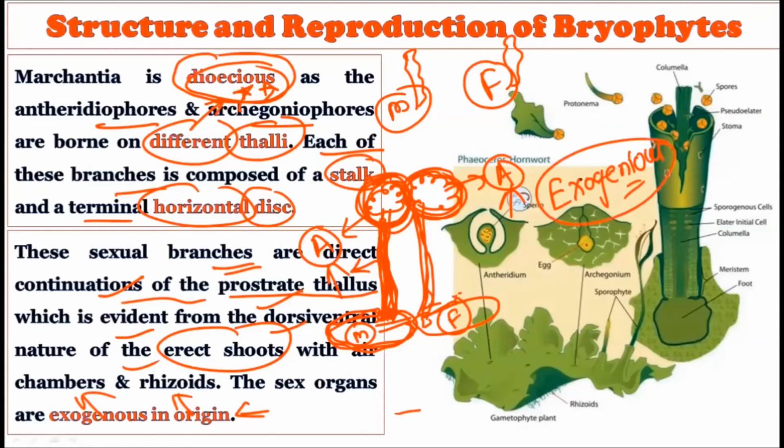So the exogenous origin of the sex organs, that is the antheridiophore and the archegoniophore, is responsible for the production of the male sex organ and the female sex organ, that is the antheridia and the archegonia. Both are produced on different thalli, and that is why we rightly describe them as a dioecious organism.